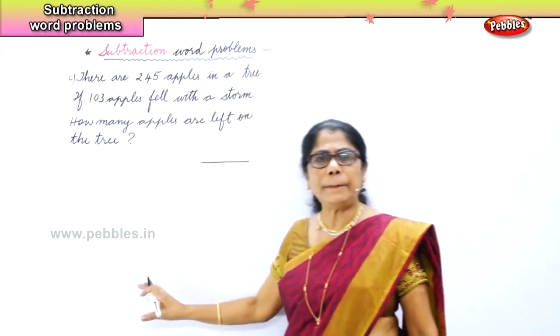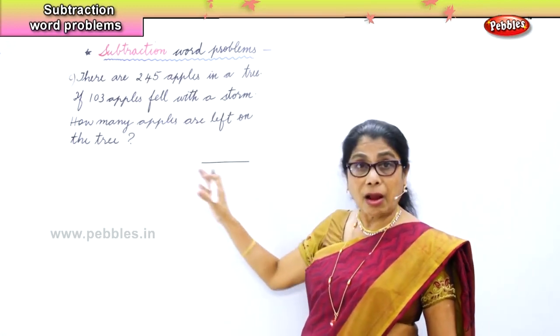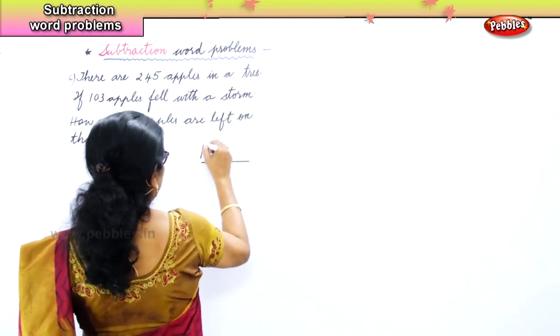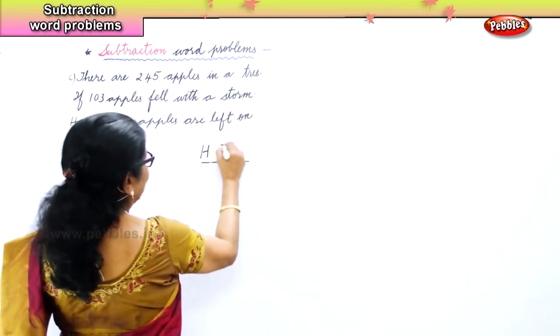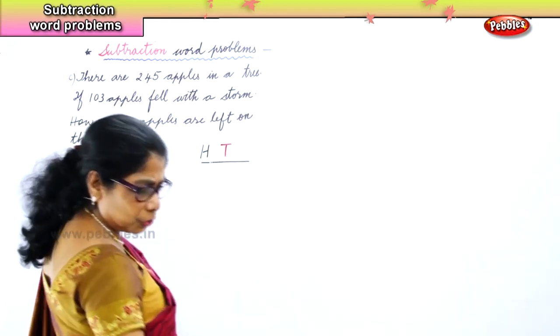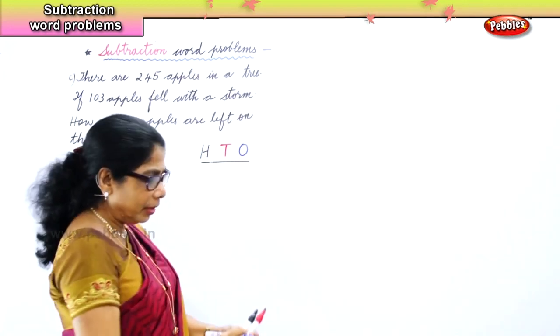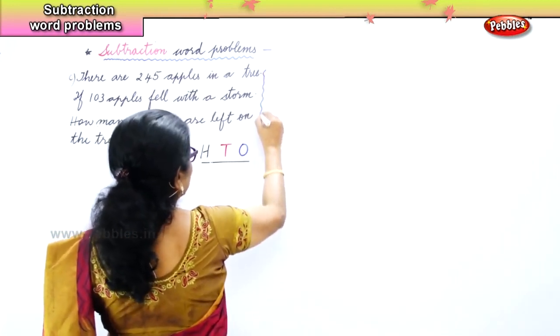Therefore, number of apples left on the tree. First, let's prepare hundreds, tens and ones before we write the number. This has to be done so that we do not make a mistake. Prepare that first. Alright?